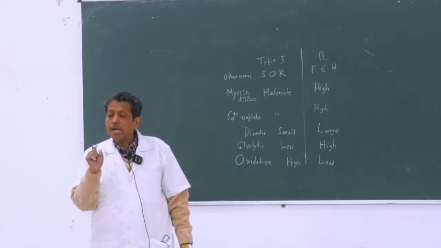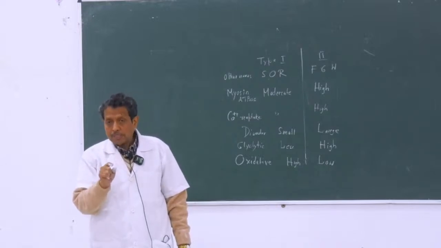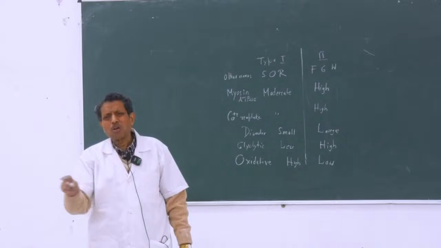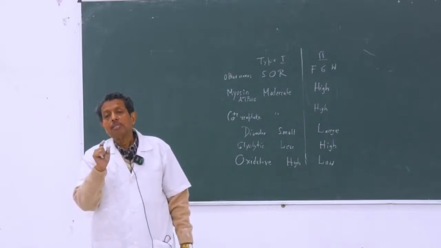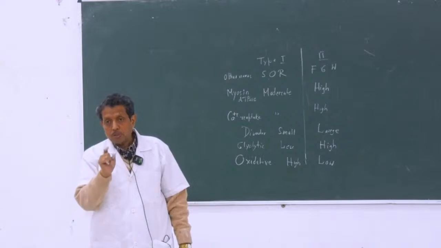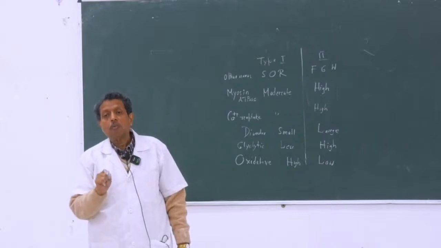There are differences between these. They are all a spectrum, but on average, small diameter fibers coming from the smaller cells of the anterior horn supply the muscle cells of type 1 variety.